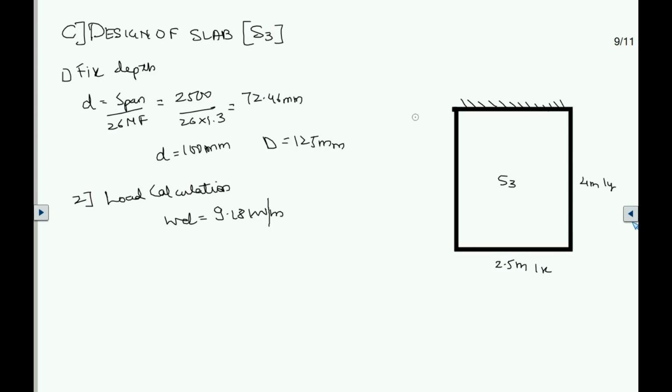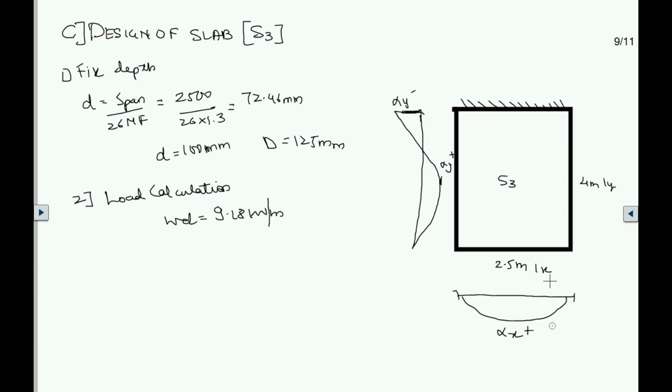So for the Ly span, the bending moment will be negative over here and positive at the center, so the bending moment diagram would be something like this. So we will need alpha y negative and alpha y positive, and for this side it will be 0 at the edges, so we only need alpha x positive.